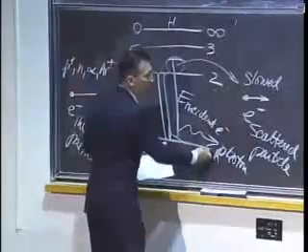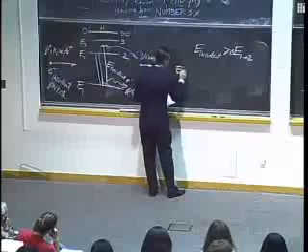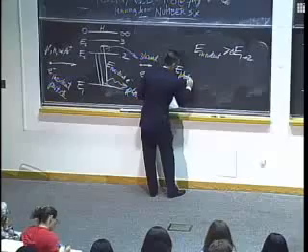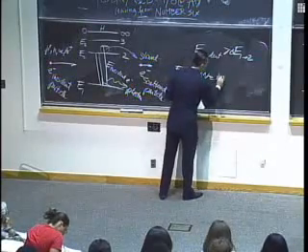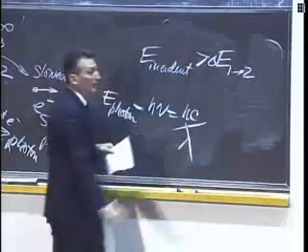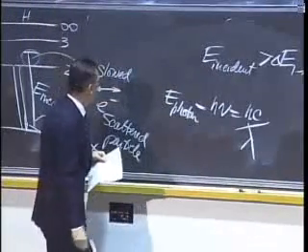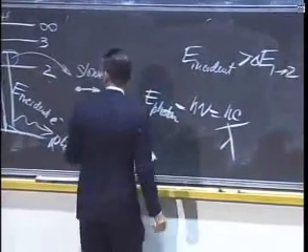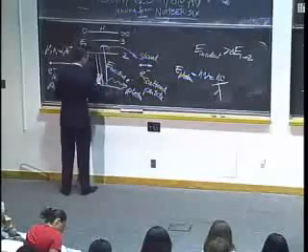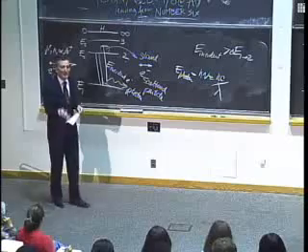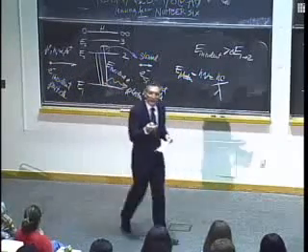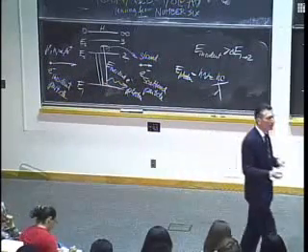And what's the energy of that photon? Well, the energy of the photon, we know from Planck, is h nu, which is hc over lambda. So now I've got lambdas associated with transitions between energy levels in atomic hydrogen.